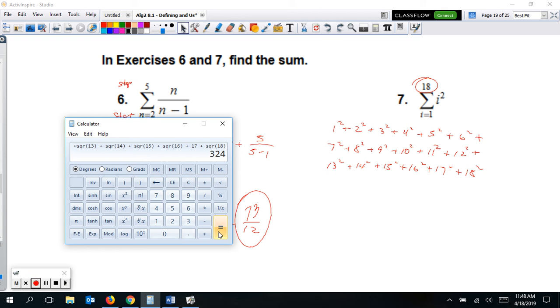I can put equals now. 1837. So actually that was a little off than what I thought it was going to be.